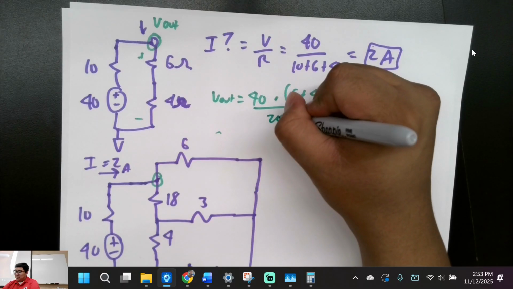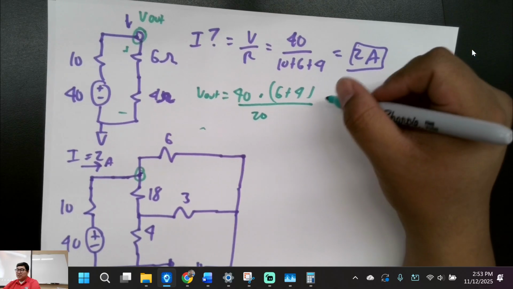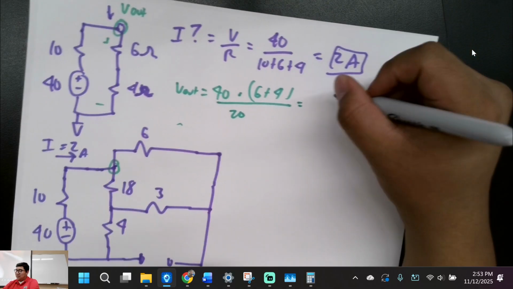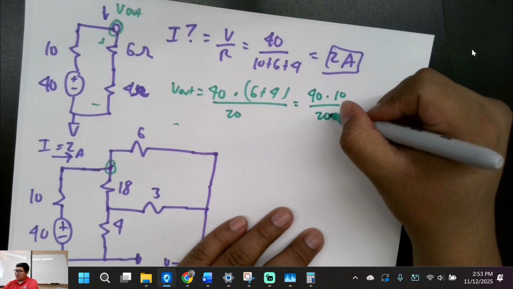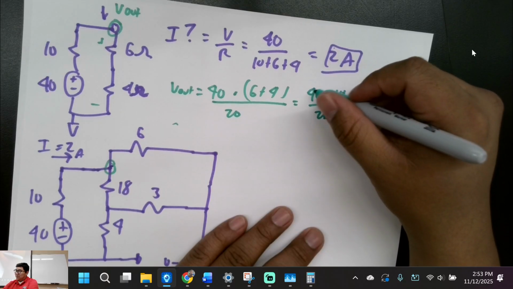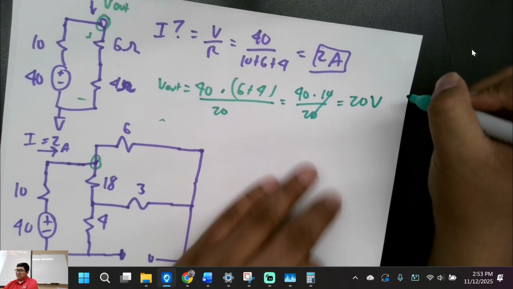So that's going to be our 20 ohms. Is that good? And we got 40 times 10, all divided by 20. Well, this cancels out. Then we're left with 40 divided by 2. What's that equal to? 20 volts.